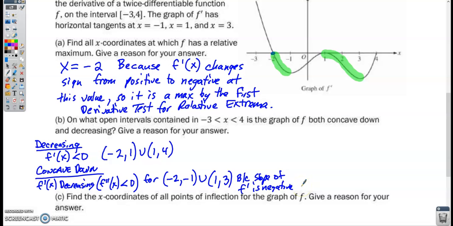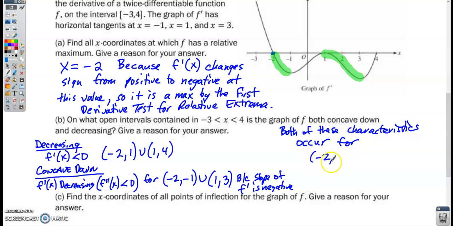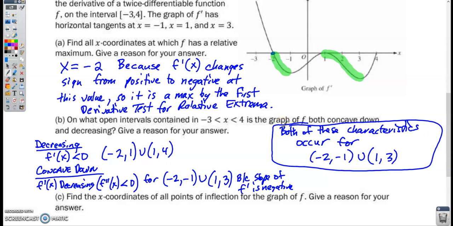Now we're looking for the overlaps of these two intervals, where both of these characteristics occur. That's for -2 to -1 and 1 to 3. And so that is where f is both concave down and decreasing, because f prime is less than 0 on the graph. Fill that information in there.